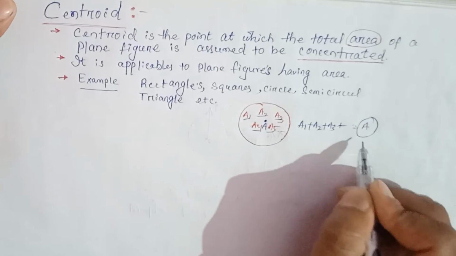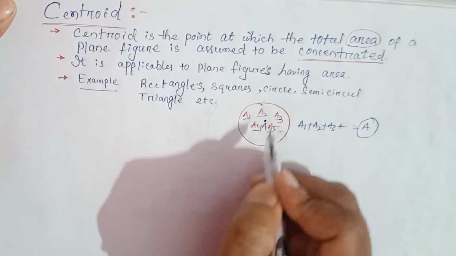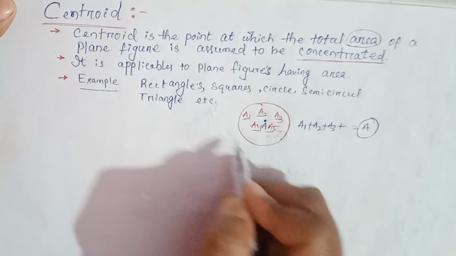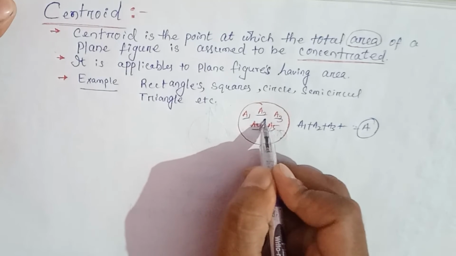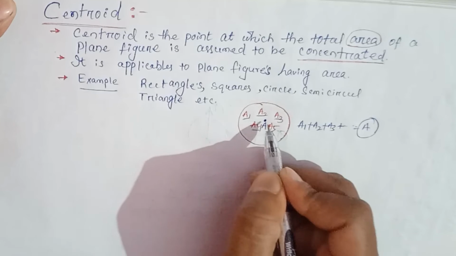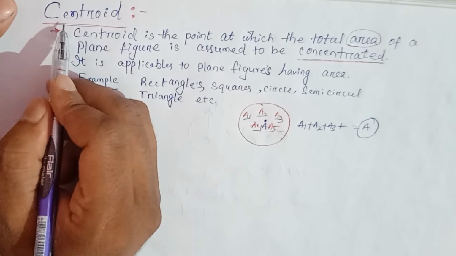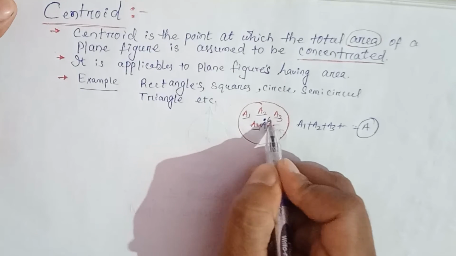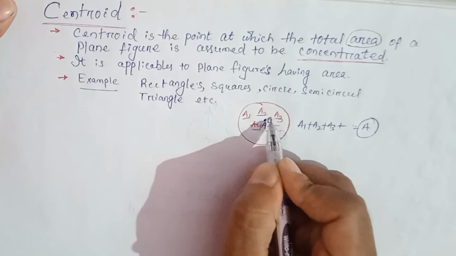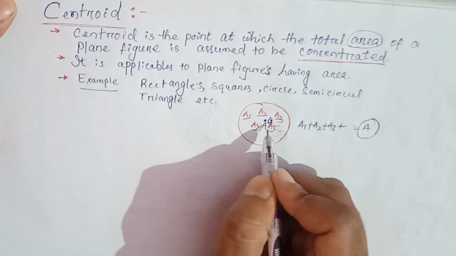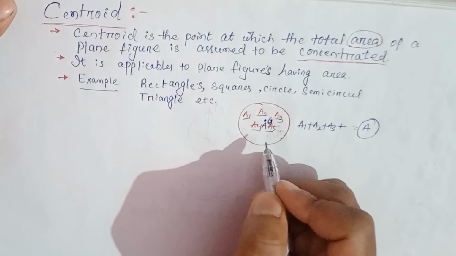That is the whole area of a plane figure or lamina will be concentrated in a single point. So that single point is known as what? The centroid. Okay, so it is denoted as G. The centroid point is denoted as G. Okay, you can write also C, no problem.